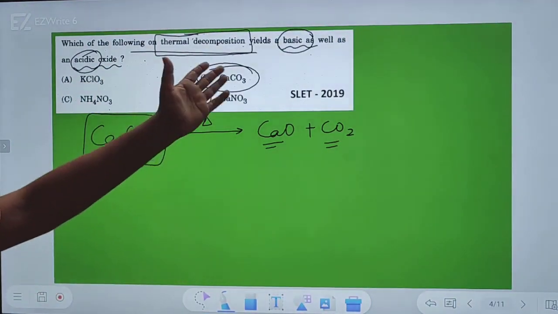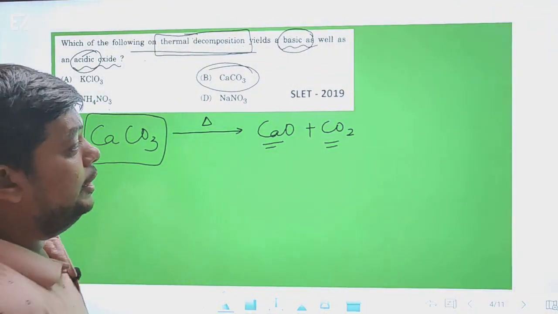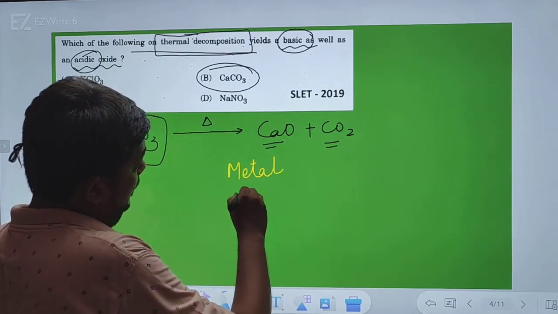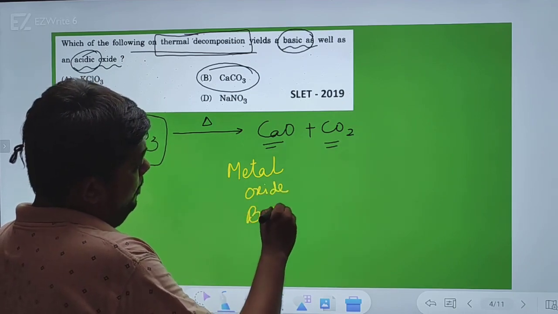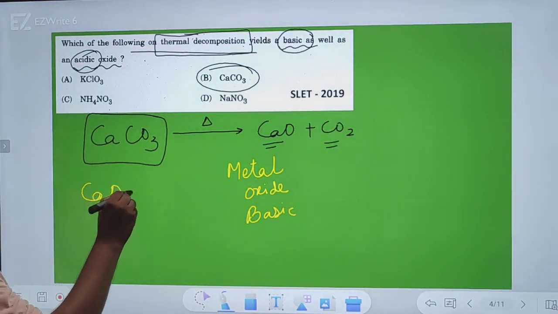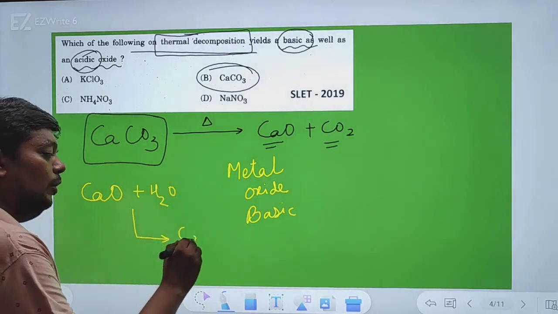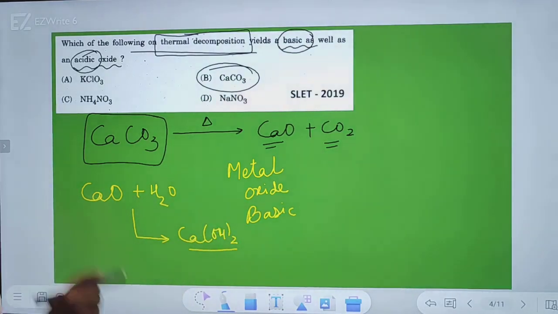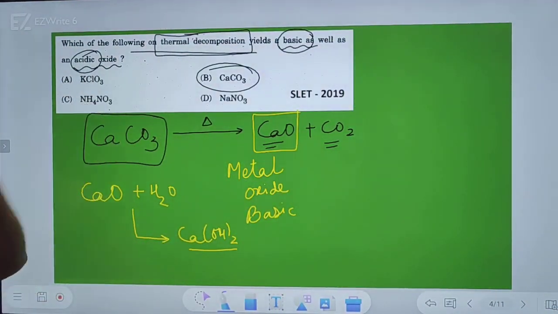Whether they fall in the category of basic and acidic oxide, we need to check from our +2 knowledge, and our +2 knowledge tells us very well that metal oxides are basic in nature because the metal oxides, when combined with water, always form hydroxides, and these hydroxides are basic in nature. So calcium oxide will be a basic oxide.